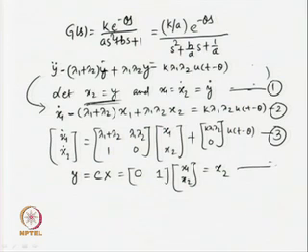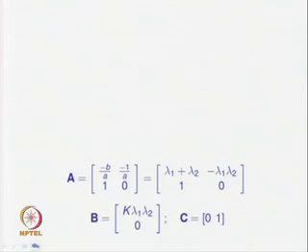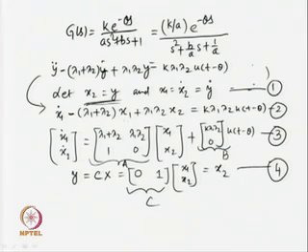So, this is how we develop the state equations, and then the state equation constants are: the A matrix is given by this, the B vector or matrix is given by this, and the C is given by this. So, A, the matrix corresponding to the state equation, can be given by lambda 1 plus lambda 2, minus lambda 1 lambda 2. Sorry, obviously, because x 1 dot is equal to lambda 1 plus lambda 2 times x 1 minus lambda 1 lambda 2 times x 2.